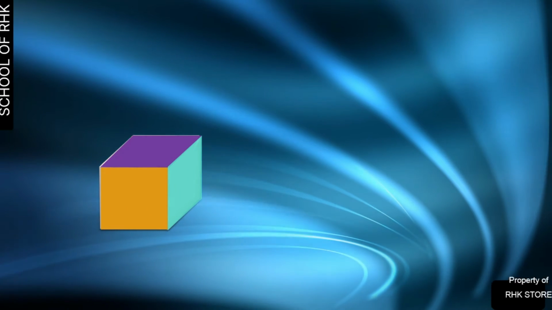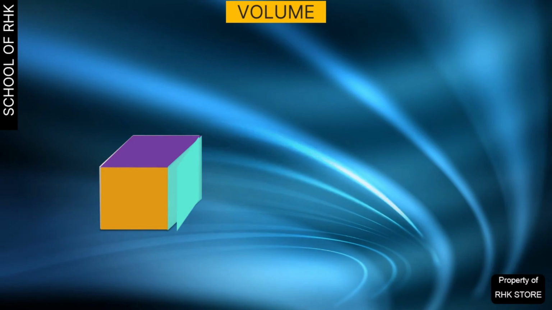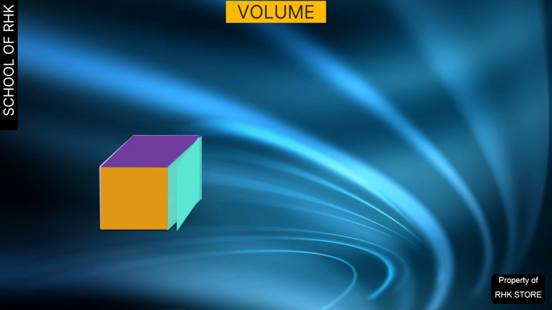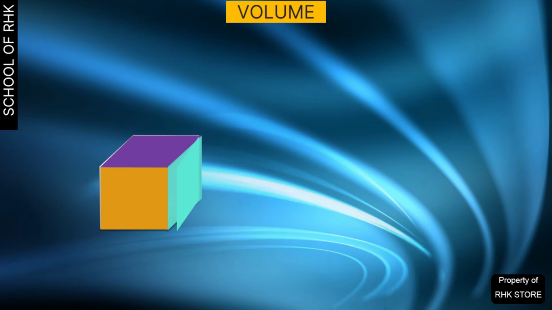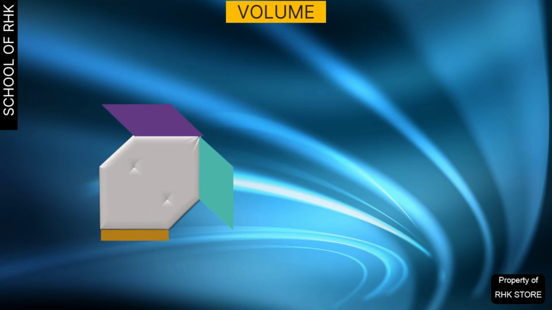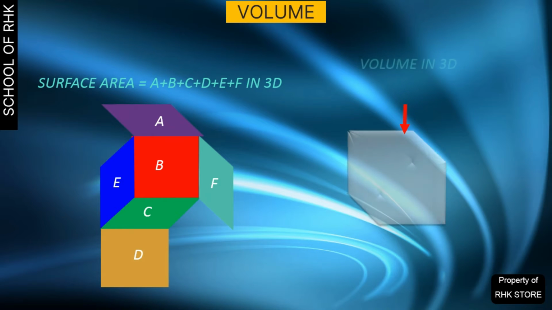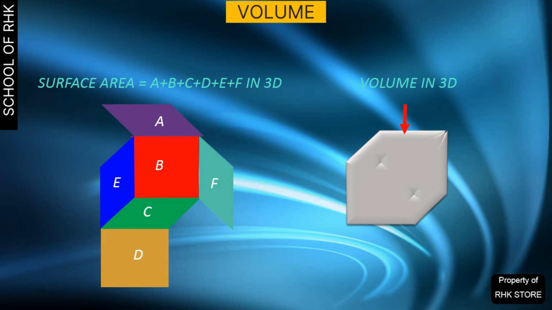To understand the difference between surface area and volume, imagine that we have a perfect thick box filled with a solid ice block. Now, if we unfold the box, we can see the two-dimensional area that surrounds the volume. And here the volume itself is the amount of 3D space occupied by the ice inside the box.